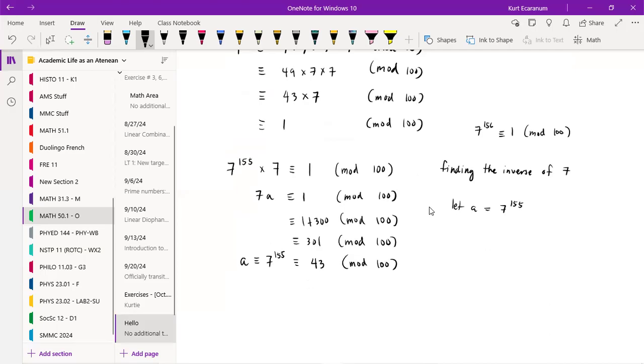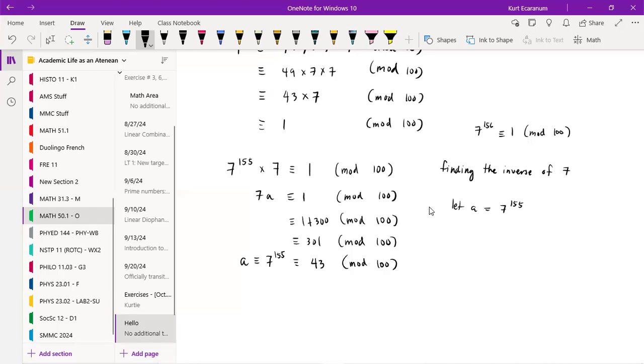Okay, ang significance ng A dito, it's not just something na display lang. It actually emphasizes its role as an inverse. Okay?